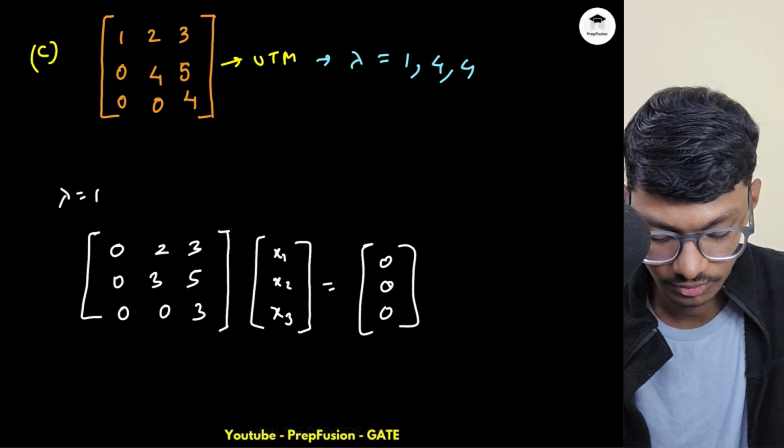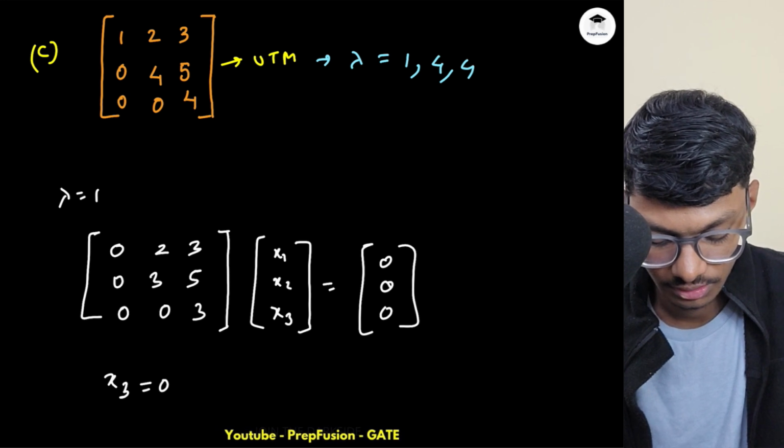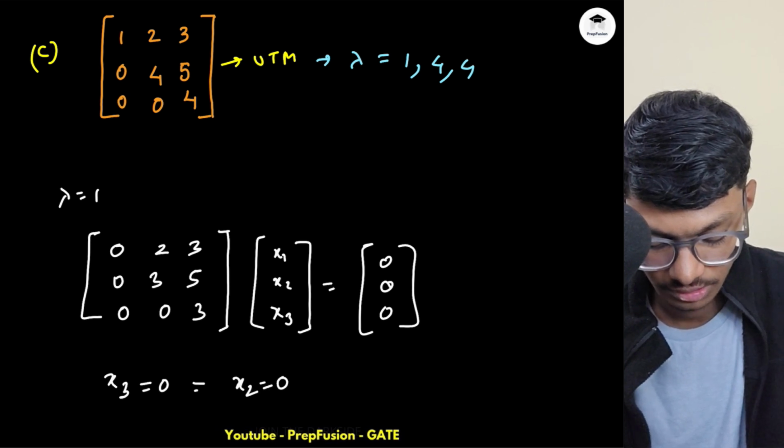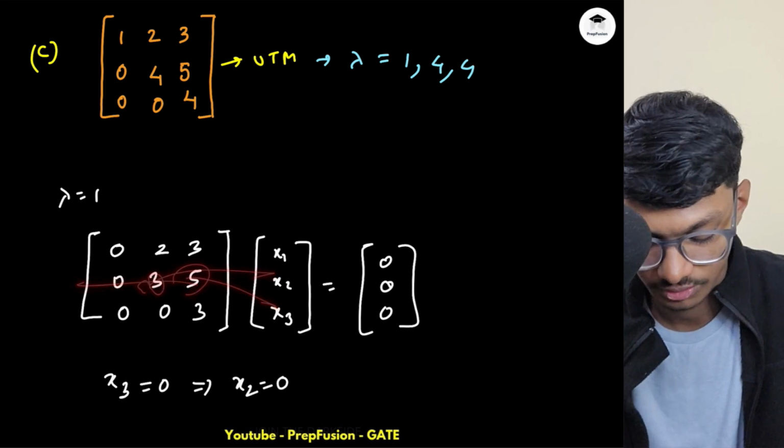So what will this become? 3x3 equals 0, so x3 equals 0, that is for sure. Now x2 is also equal to 0 because we're using the second row.